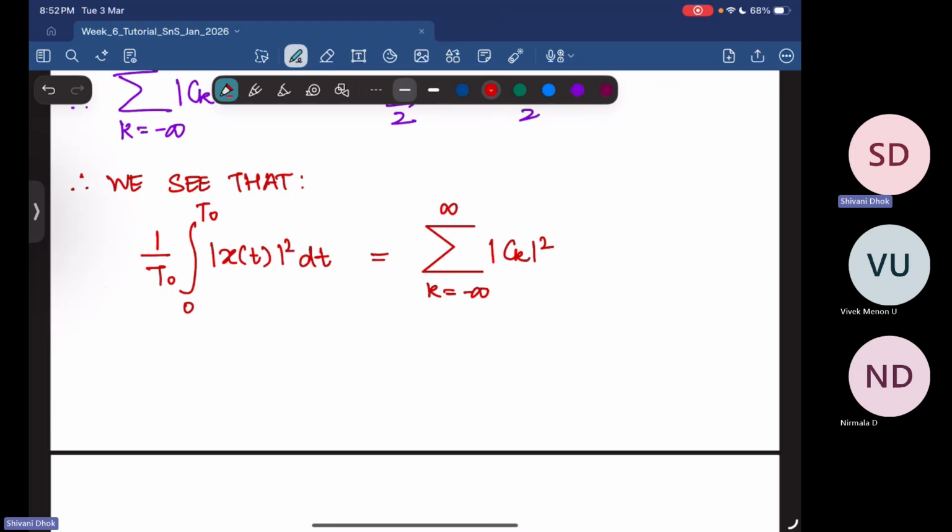So this we showed, which implies that Parseval's theorem is verified.